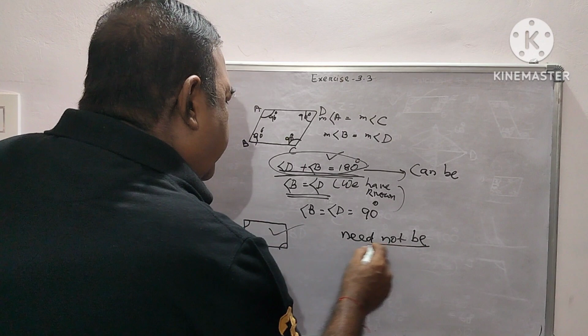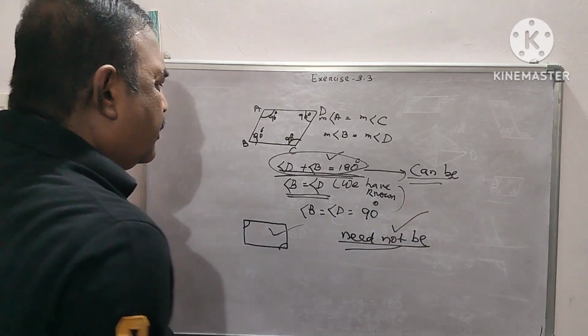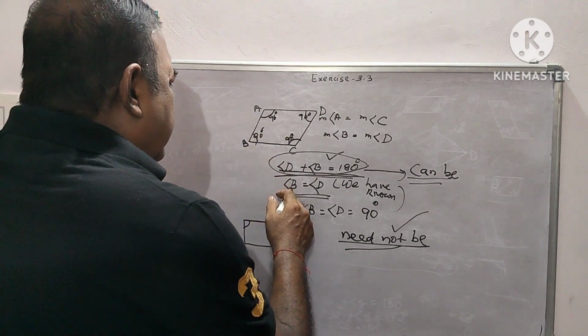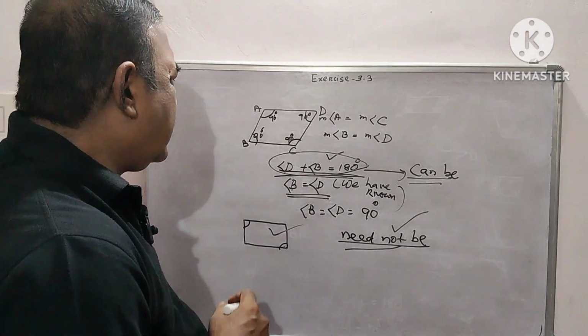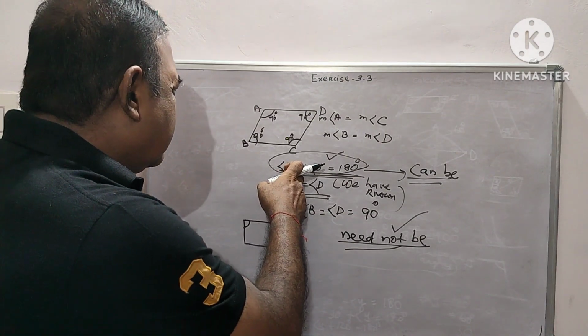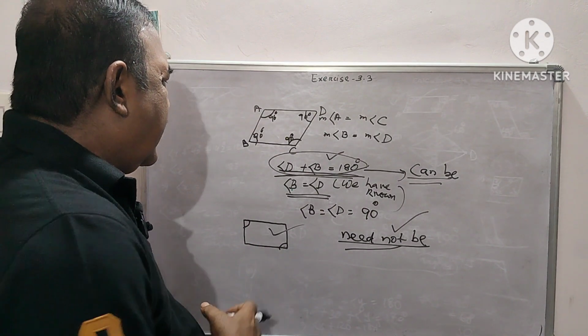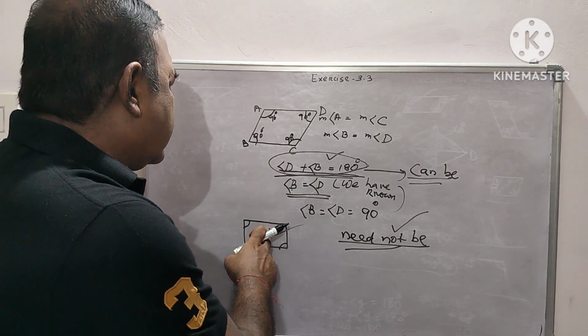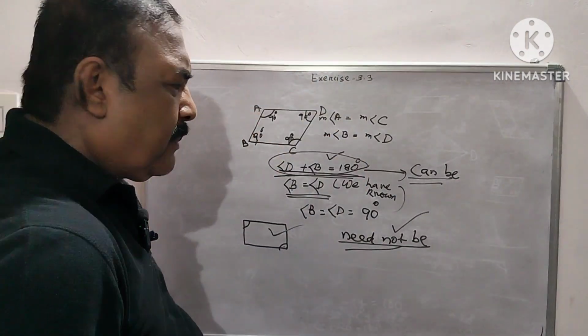But that need not be. We also add this statement: need not be. Why? Opposite angles are equal and they may not always add to 180 degrees. This case only happens in the case of a rectangle, not in other cases which are also parallelograms.